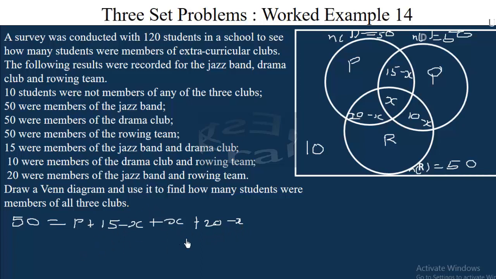Now we make P the subject. So we obtain P to be equal to 50 minus 15, 50 minus 15 minus 20 plus X. So this will be equal to 15 minus 15 plus x.